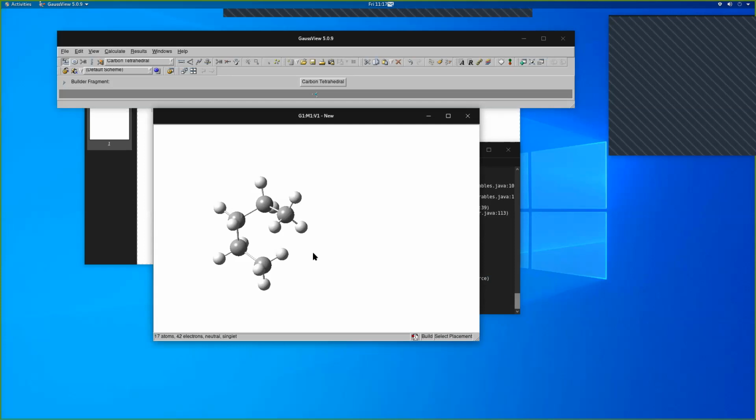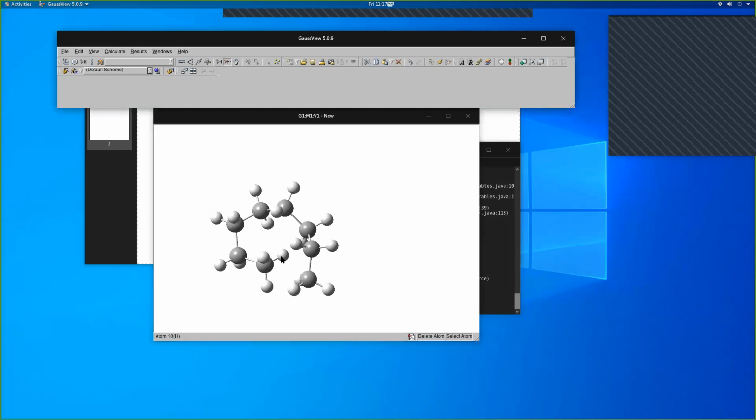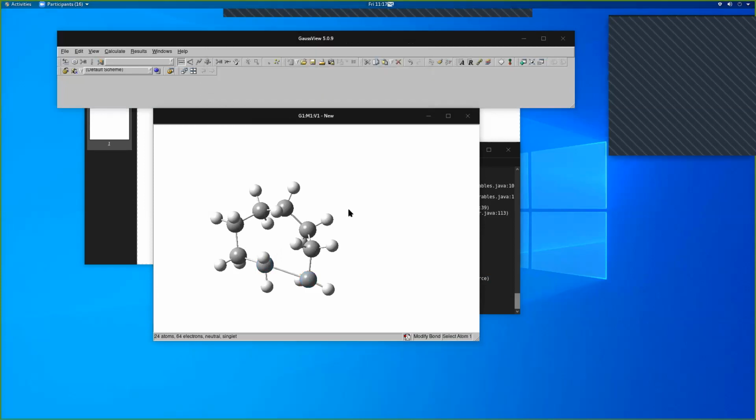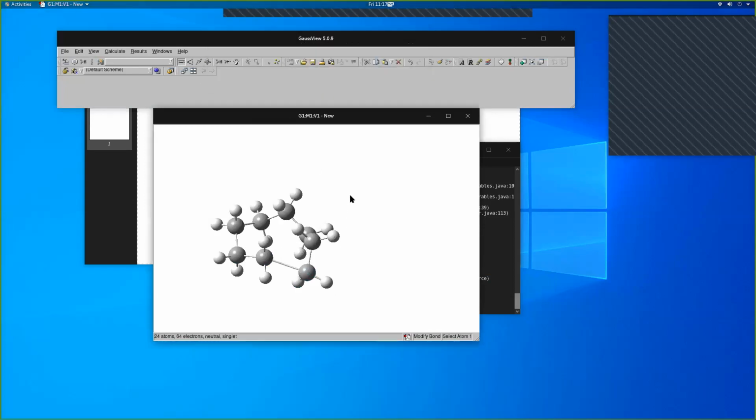So I need to have 1, 2, 3, 4, 5, 6, 7, 8 atoms. I'm going to quickly just remove some hydrogens and bond at a place to make it a cyclic system. And so I now have 8 atoms, which is fantastic.